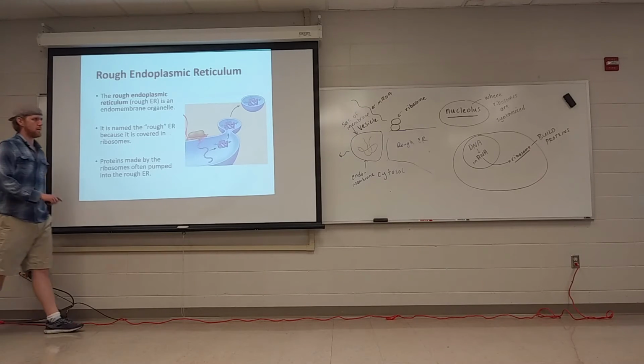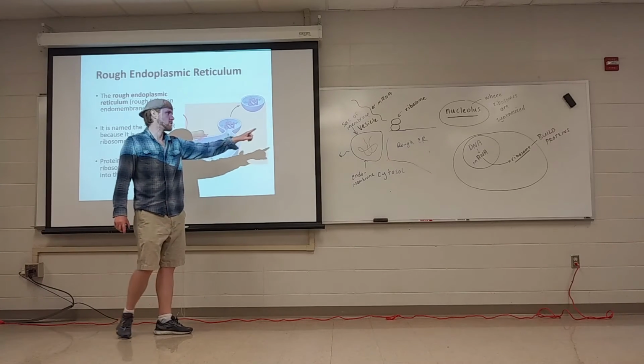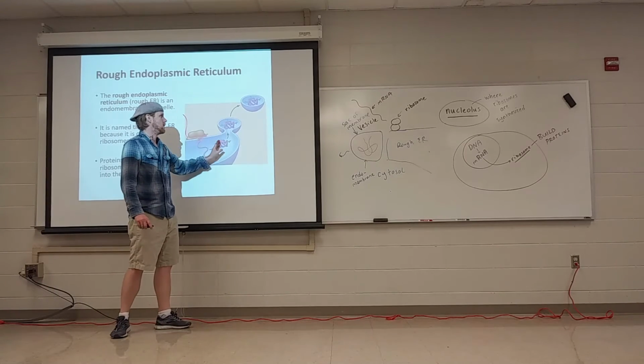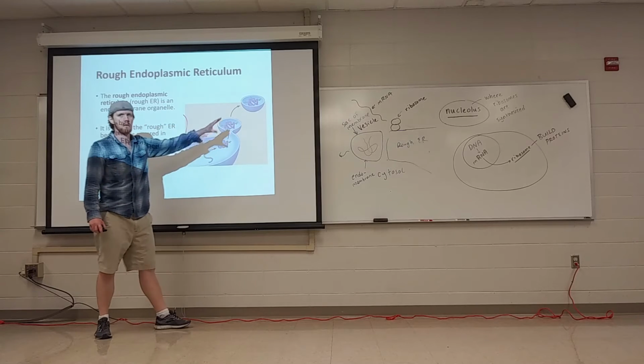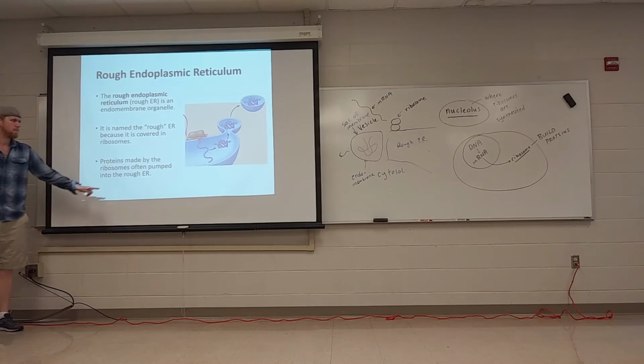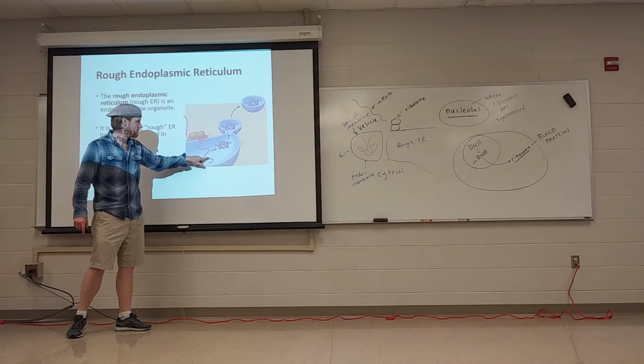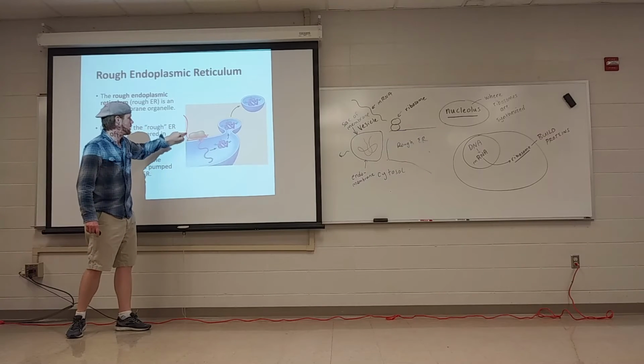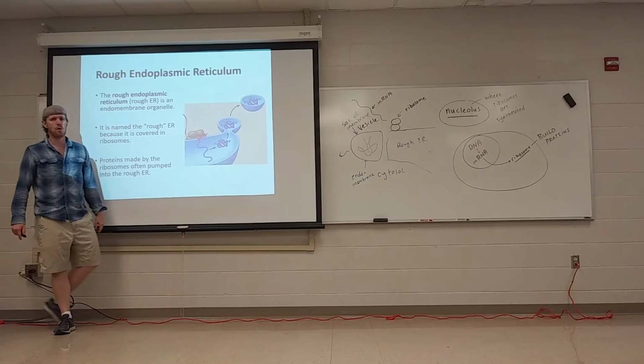And here's a three-dimensional picture kind of showing you what I showed. The formation of the vesicle as it buds off of the rough ER. And that purple thing here would be the protein. This is the ribosome. The pink ribbon is the messenger RNA.